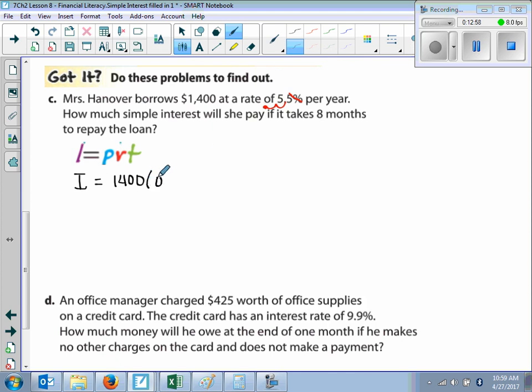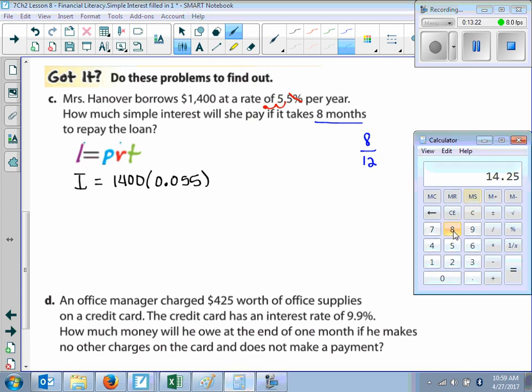So we're going to multiply times 0.055. Okay? Then the time is 8 months. We want it as a year, right? So we're going to take that 8 months and divide by the 12 months that are in the year.